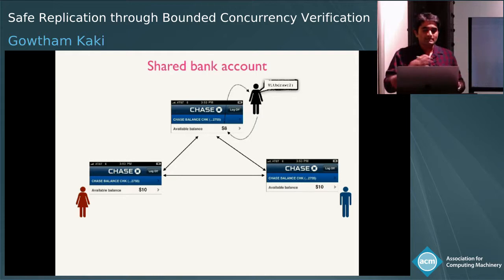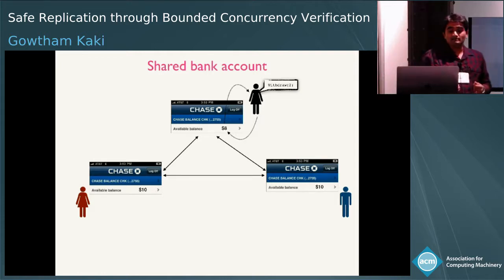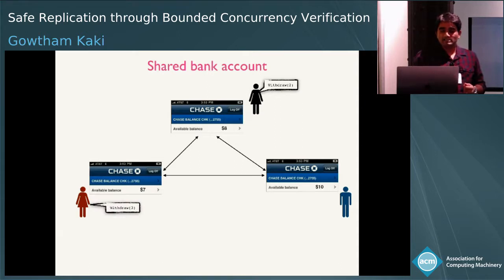Since it's very expensive to do geographic coordination among all the ATMs, the application would commit Alice's write locally immediately and then lazily, or asynchronously, propagate the write to other replicas. Meanwhile, Cheryl can also do her own withdrawal of $3, reading 10 and writing 7, and Bob can perform a deposit, reading 10 and writing 12.